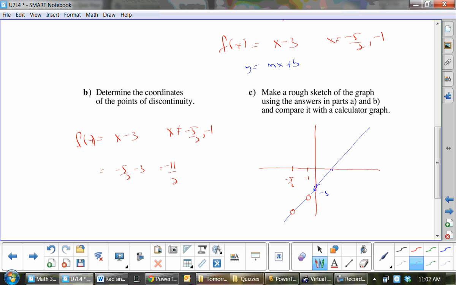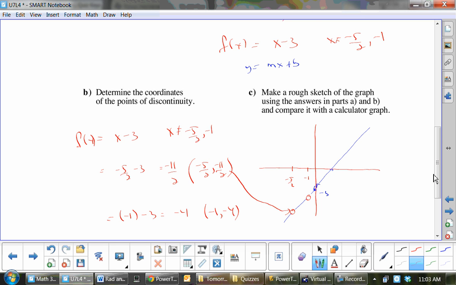So the one coordinate is negative 5 over 2, comma, negative 11 over 2. That's the xy. The other one, I'm going to put a negative 1 in there. So negative 1 minus 3 equals negative 4. So the other coordinate is negative 1, negative 4.